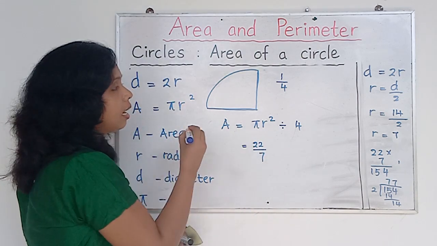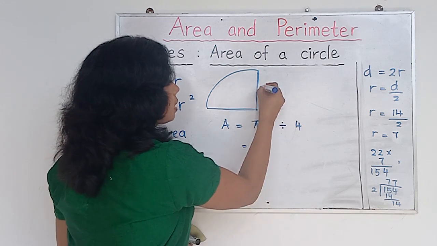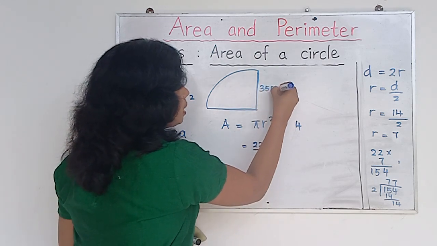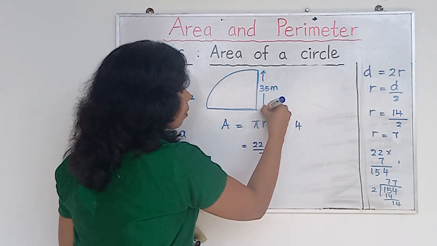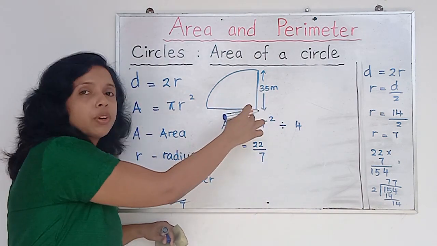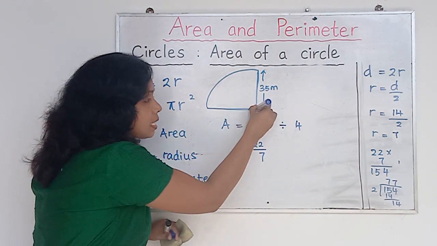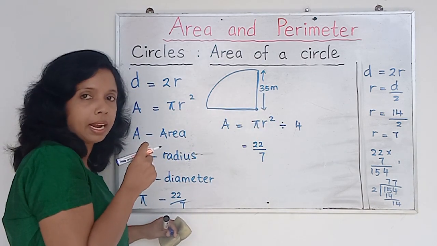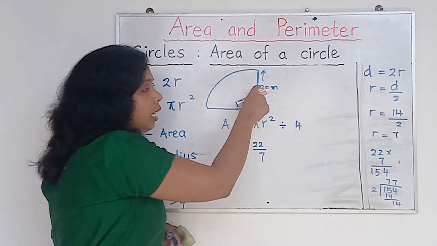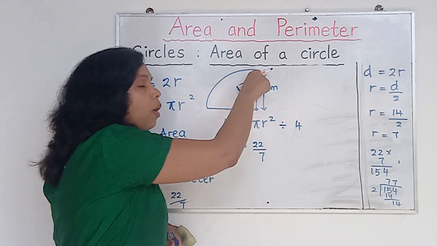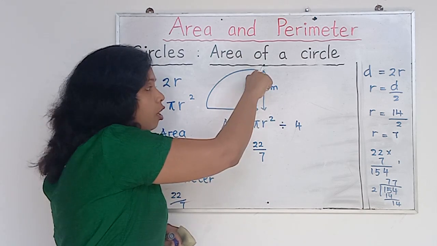Let's say they have given this as 35 meters, this length. So this length is 35 meters. That means the radius is 35. Because let's say this is the center of the circle, right? The line joining the center to any point on the circumference, we call the radius.